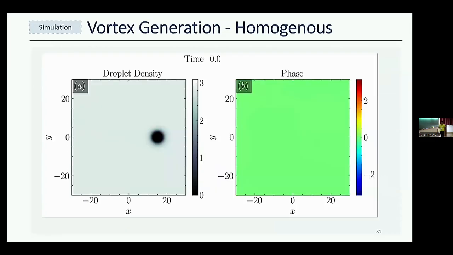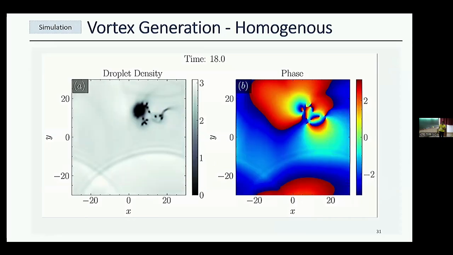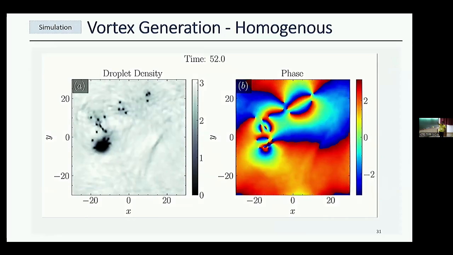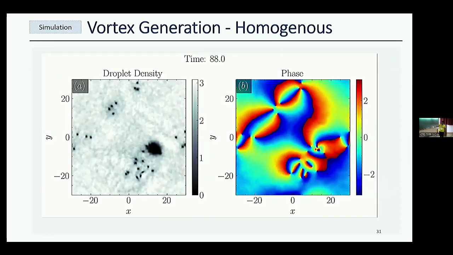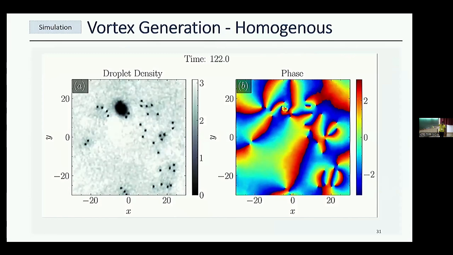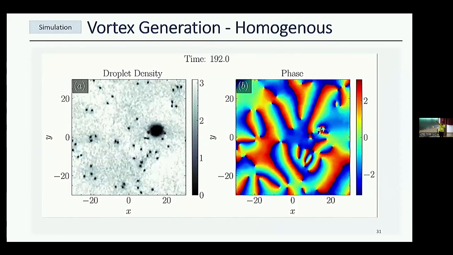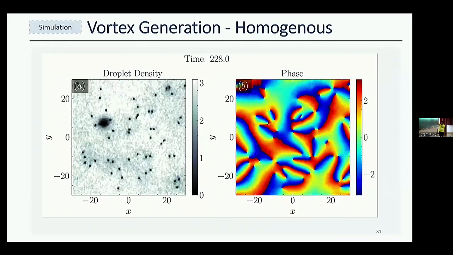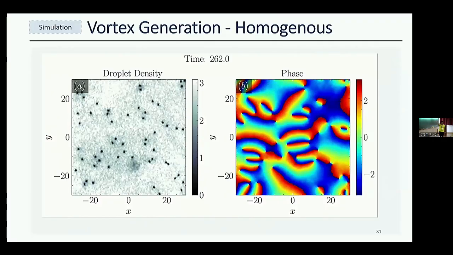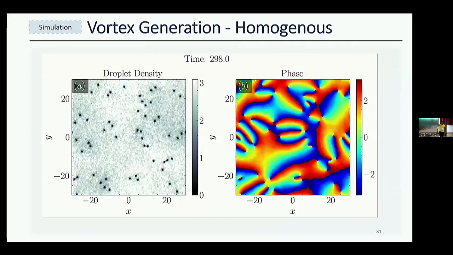Here I show you the simulation where the black one corresponds to the Gaussian obstacle, and it basically moves, gets rotated in the superfluid, and generates these vortices. The black dots are vortices, which may be anti-clockwise vortices and clockwise vortices.